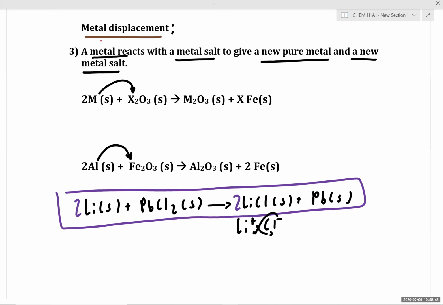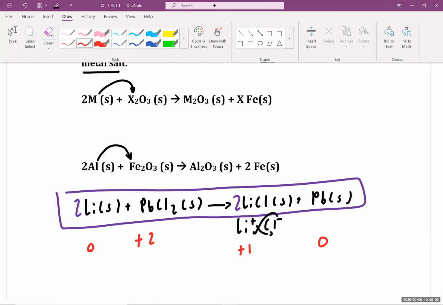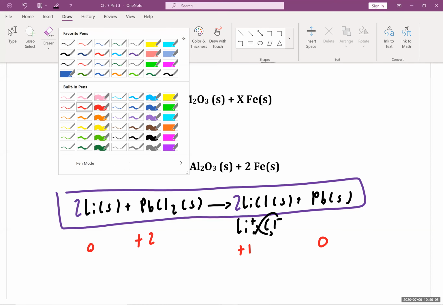Yes, it is. We went from lithium 0 and lead +2 to lithium +1 and lead 0. So many of the displacement reactions that you see are redox reactions. Keep that in mind for later, okay?